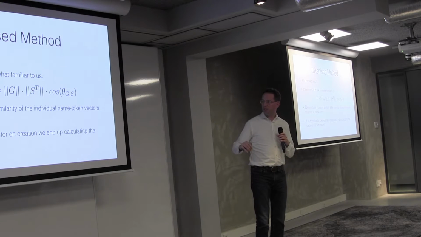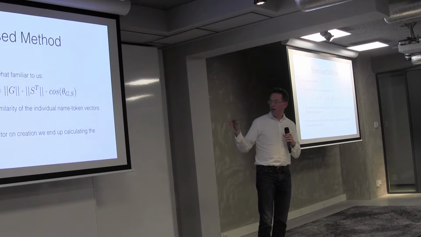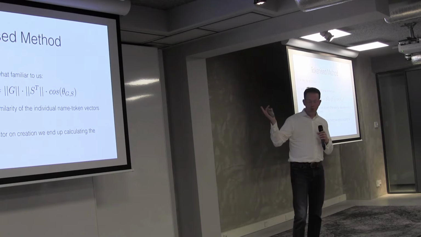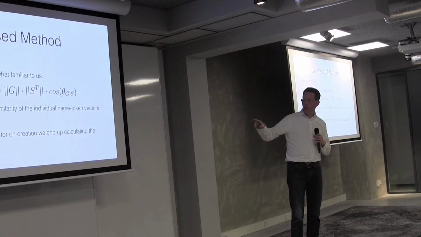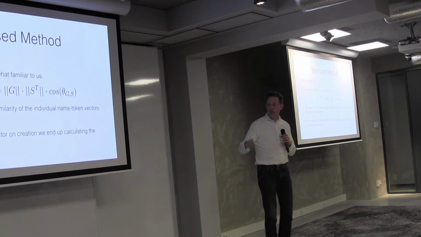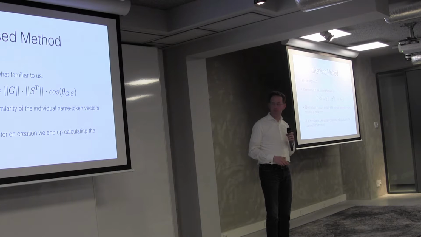That's expressed by this function, and automatically, because both vectors have length 1, the inner product will also be between 0 and 1. So by normalizing the token vector, we get the cosine similarity.